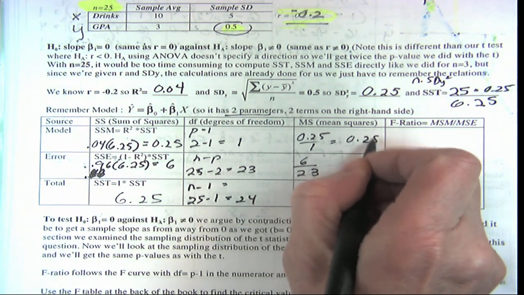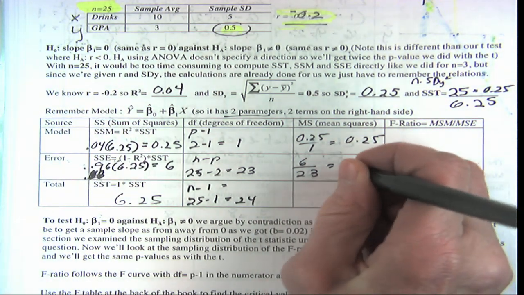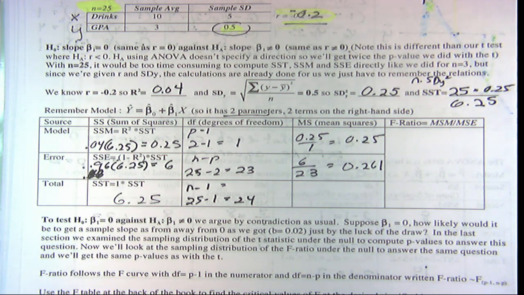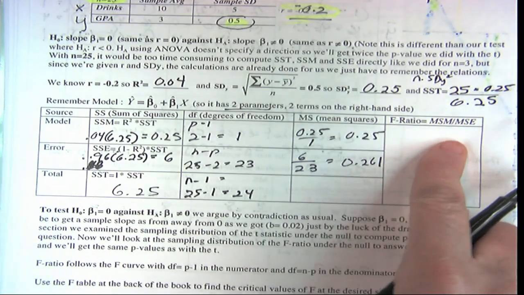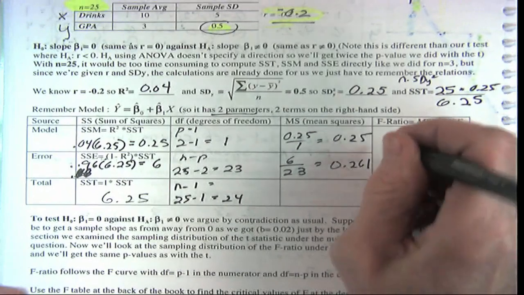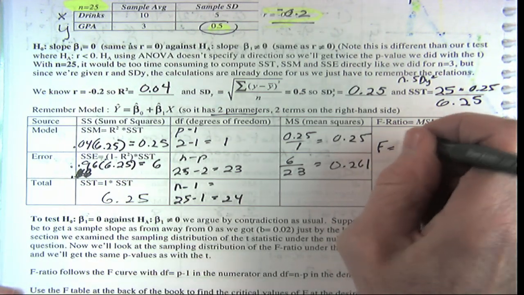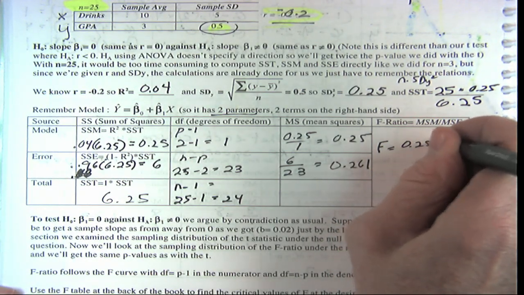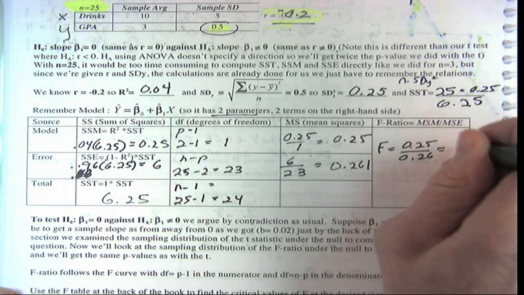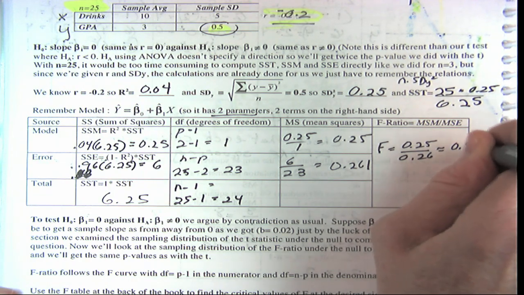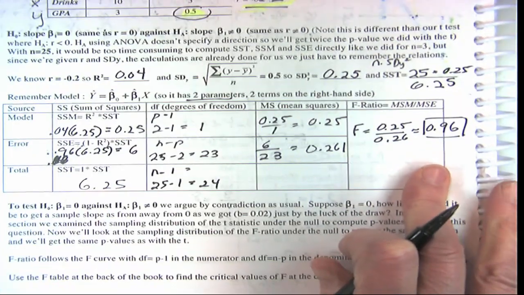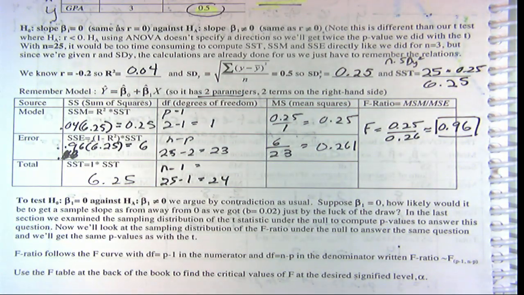So this is just, all right, 0.261. And then this F ratio is just the ratio of the mean square model to the mean square error. So our F statistic is 0.25 divided by 0.261, which is about 0.96, almost 1. All right, so that's our F stat.